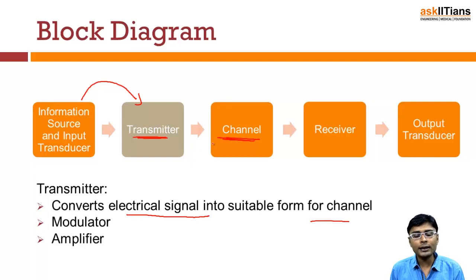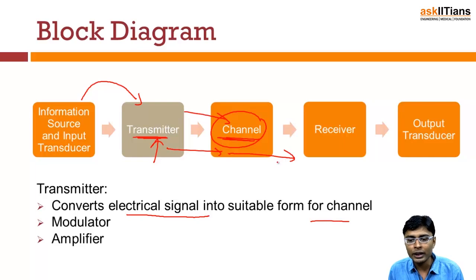So the electrical signal has to be converted into a suitable form that can easily pass through the channel. We want minimum loss in the channel, so we design the transmitter in such a way that the information can be passed efficiently through the channel and received by the receiver.